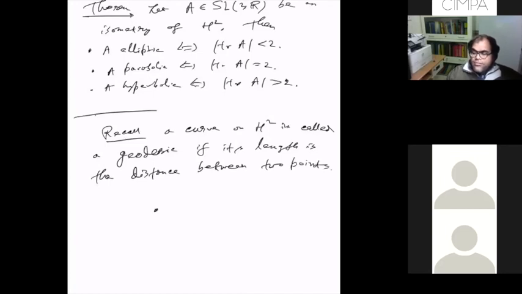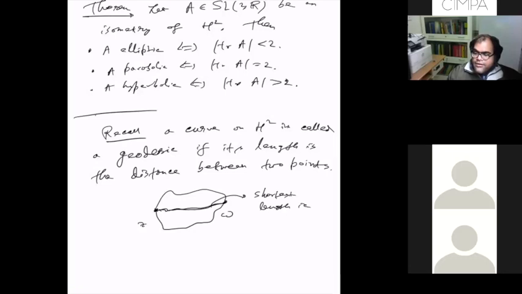So you have these 2 points. Now there are different curves between the 2 points. The geodesic is the curve which gives you the shortest length, that is, which realizes the distance ZW.